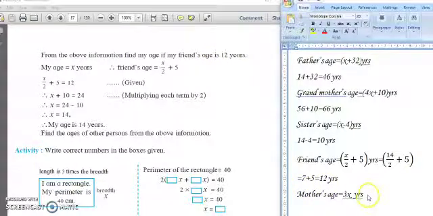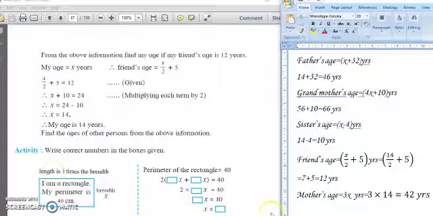Similarly, the mother's age is 3 into x years, that means 3 multiplied by 14, which is 42 years, the age of the mother. So all the ages we have already found.